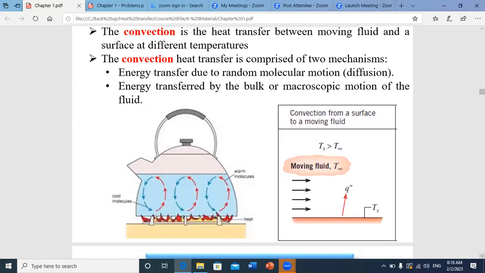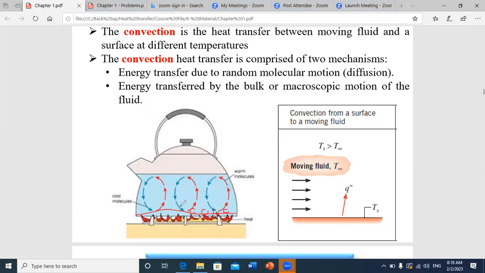The first type was already discussed when we considered the example of fire, so we can repeat it in brief here. The idea is whenever you have contact between a hot surface and a fluid, molecules at the lower level will be heated.